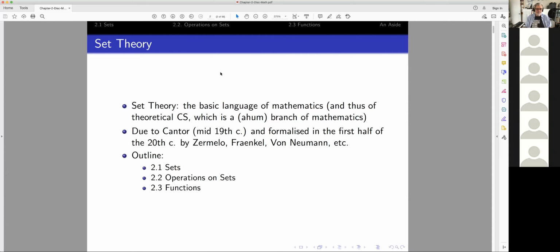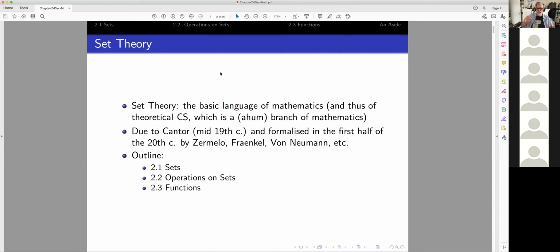Originally, it's due to a German mathematician, Georg Cantor, in the mid 19th century. It was later formalized by Zermelo, Fraenkel, von Neumann. There were little itty bitty, tricky problems that had to be fixed.